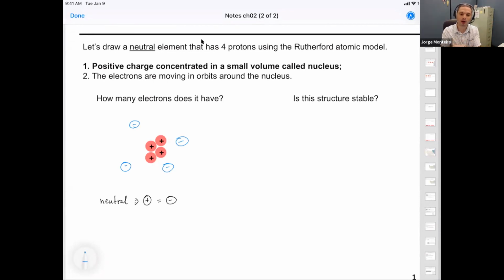Because we have a lot of positive charge concentrated in the nucleus, there is a lot of repulsion, so this nucleus is not stable. To stabilize the nucleus, we introduce a new particle to decrease the repulsion. We have a positive charge separated by a neutral charge, so the repulsion is decreased.